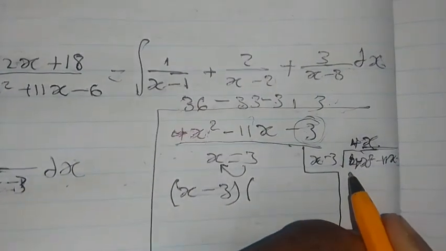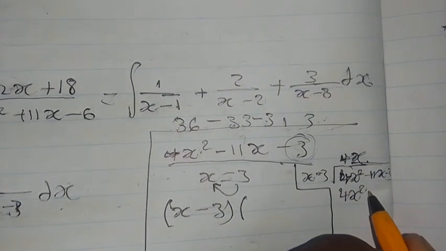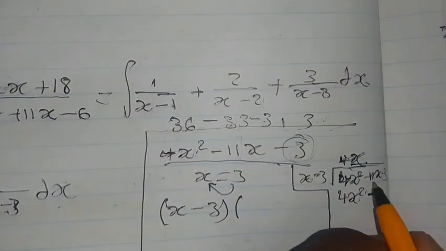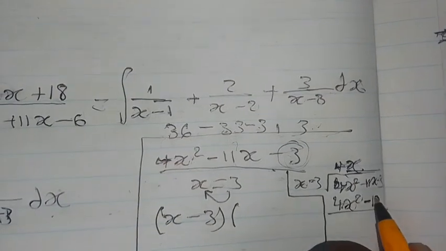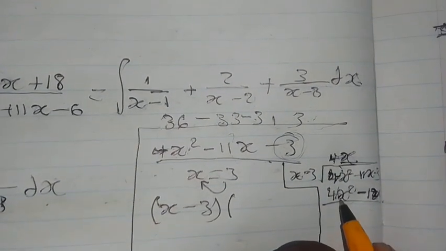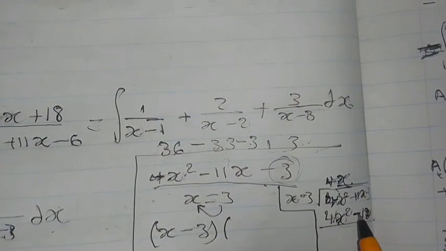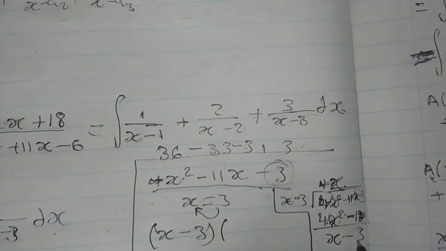And 4x by x is 4x squared, and 4x by minus 3 is minus 12x. Then you subtract: 4x squared minus 4x squared is 0, and minus 11x minus minus 12x is just going to be positive x. And you take the negative 3 down, then you have x minus 3.